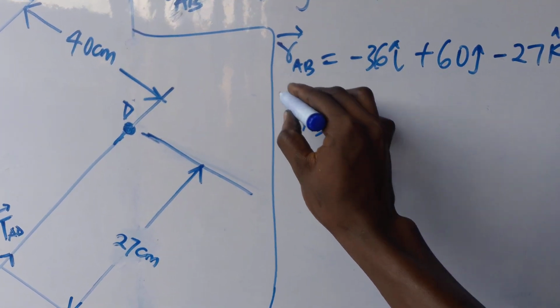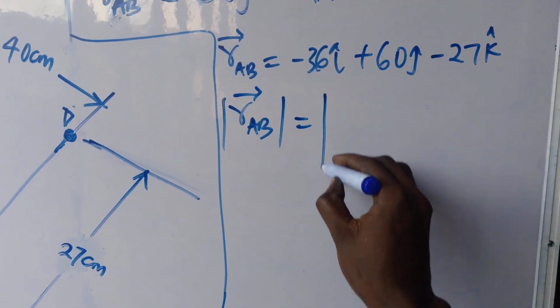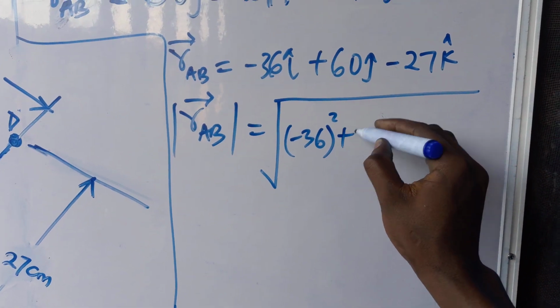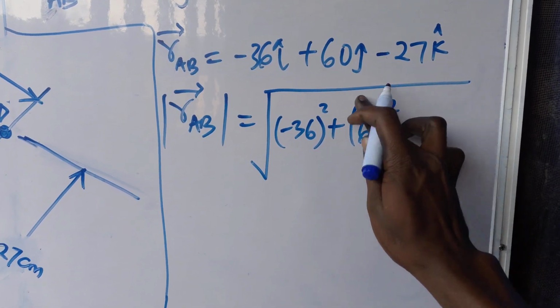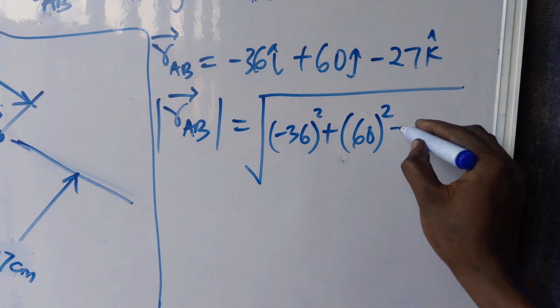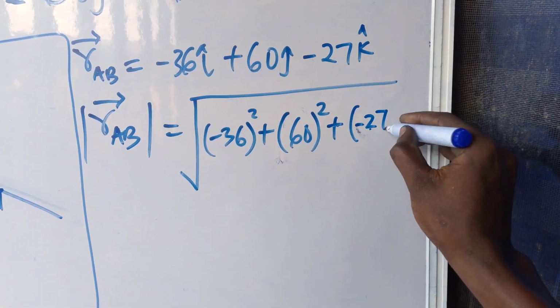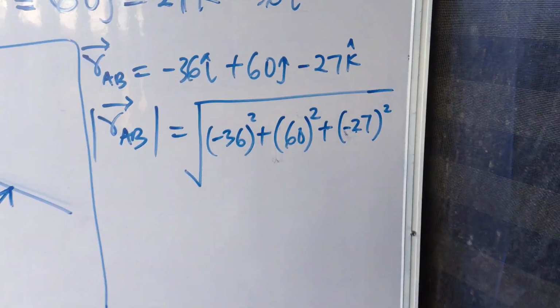The modulus RAB equals the square root of minus 36 all squared plus 60 all squared plus minus 27 raised to the power of 2.